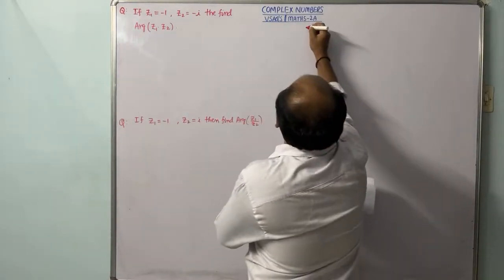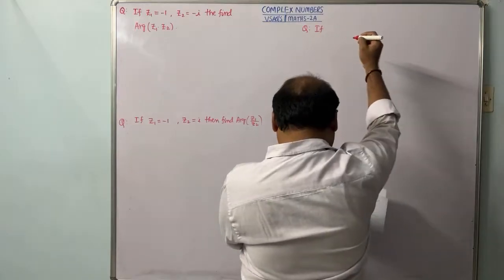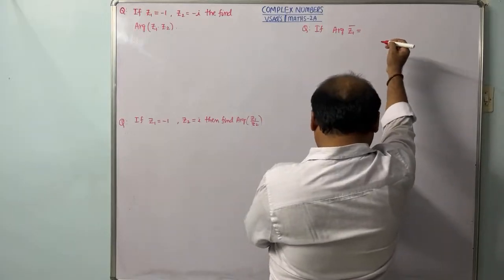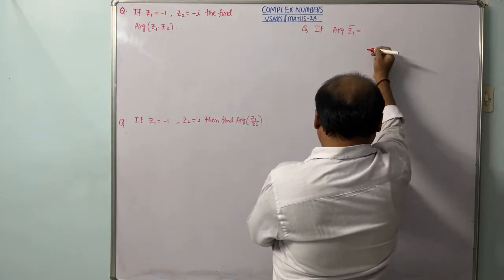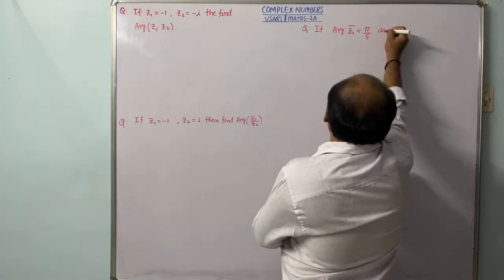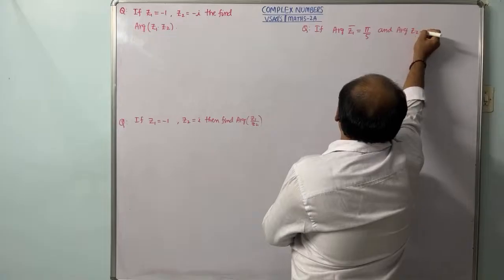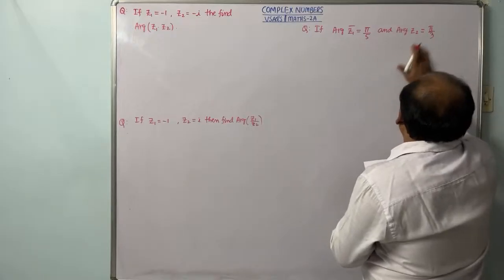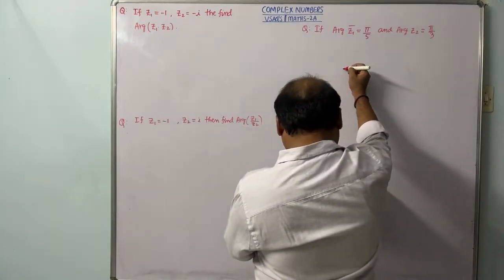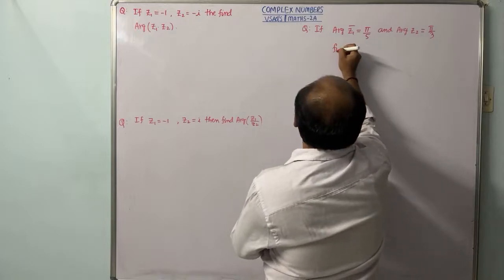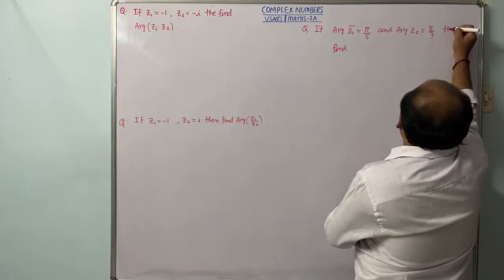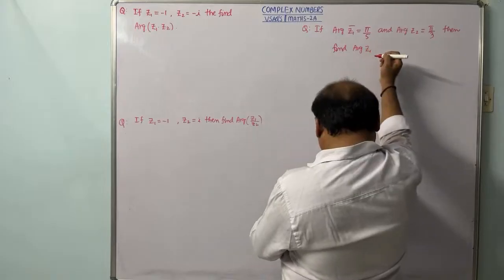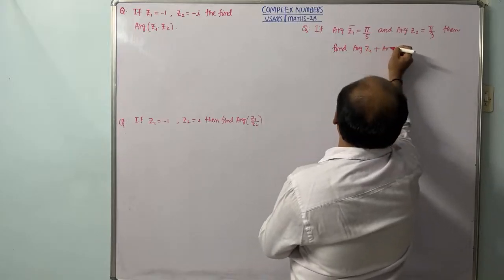The next question, if argument of z1 bar is equal to pi by 5 and argument of z2 is pi by 3, then find argument of z1 plus argument of z2.